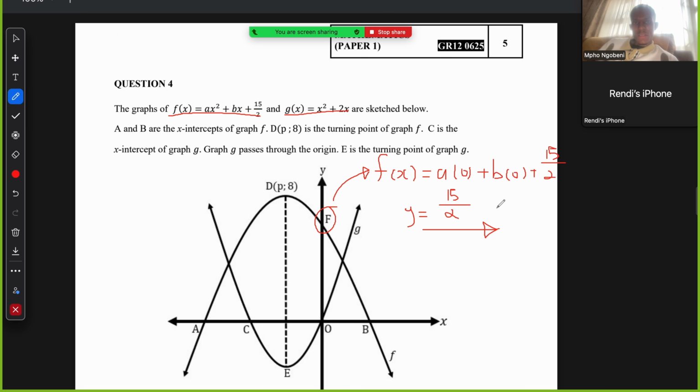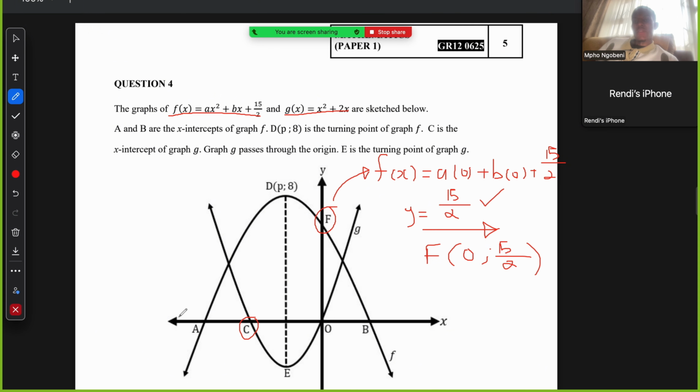The coordinates are going to be 0 and 15 over 2. You must get used to showing coordinates always. So now they say find the coordinates of C.